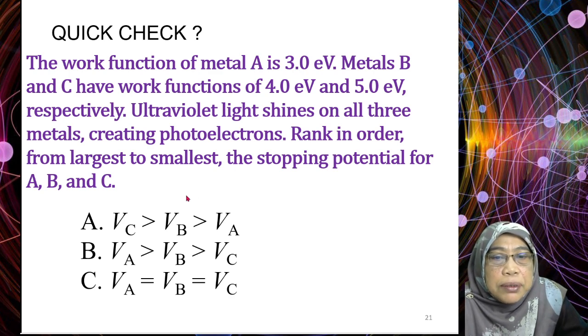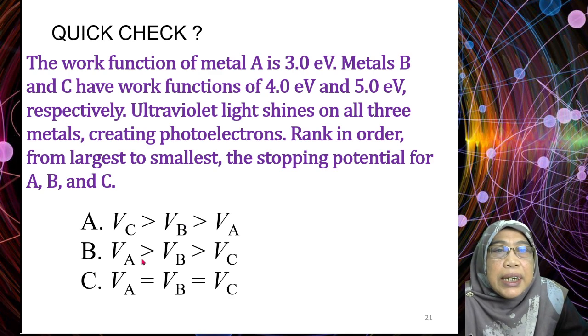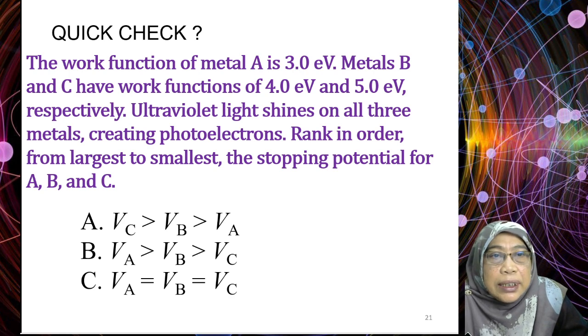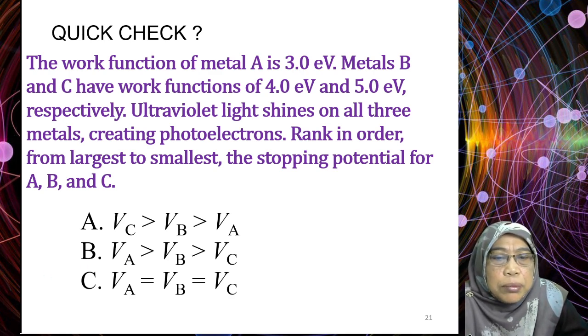So for the stopping potential of A, B and C, VA has the highest stopping potential because it has the least work function, just 3 electron volt, compared to 4 electron volt for B and 5 electron volt for C. So the answer for this question is stopping potential for A more than stopping potential for B, and stopping potential of B more than stopping potential of C. C has the highest work function, so less energy is given to maximum kinetic energy.